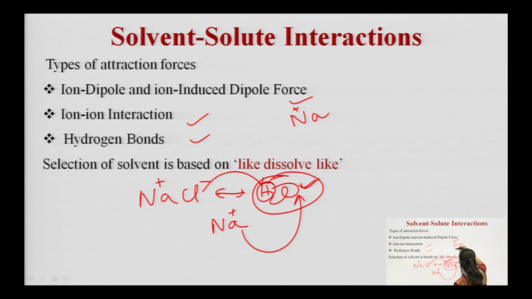So we can see here this sodium ion will get solvated by the water molecules. If this is your oxygen, it has a slightly negative charge. Here we have hydrogen, which has a slightly positive charge.